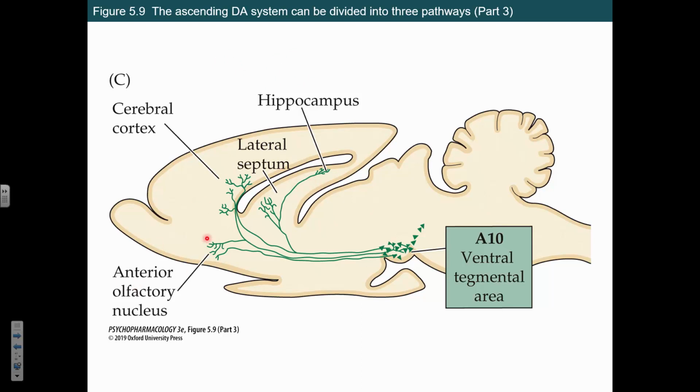Why does this stuff keep going up to the olfactory nucleus? This is in a rat. Rats navigate their environments using their olfactory senses, right? They're primarily olfactory and somatosensory. They have the whiskers, and they have a thing called the barrel cortex.